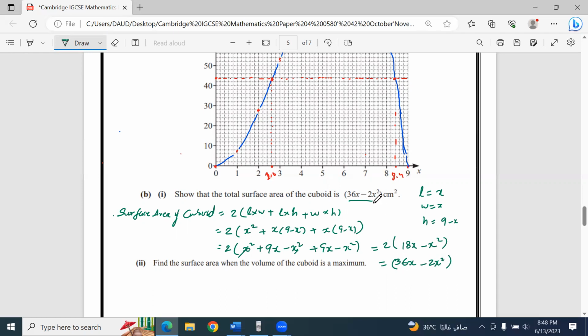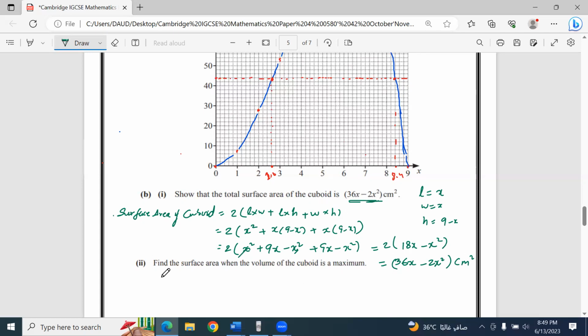I hope we get the answer which we know in the question, so that we showed now. This is our required total surface area of the cuboid.